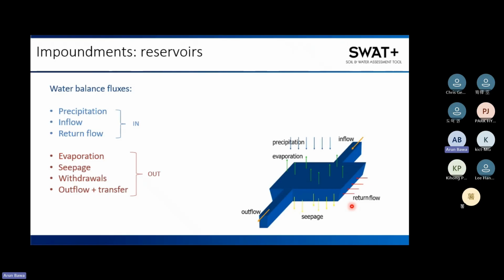It is the same with fertilizer application. Sometimes you want to automate some processes, like irrigation. You don't want to put in a particular irrigation. You say if my soil moisture is less than this value on a particular day, then irrigate with this amount.